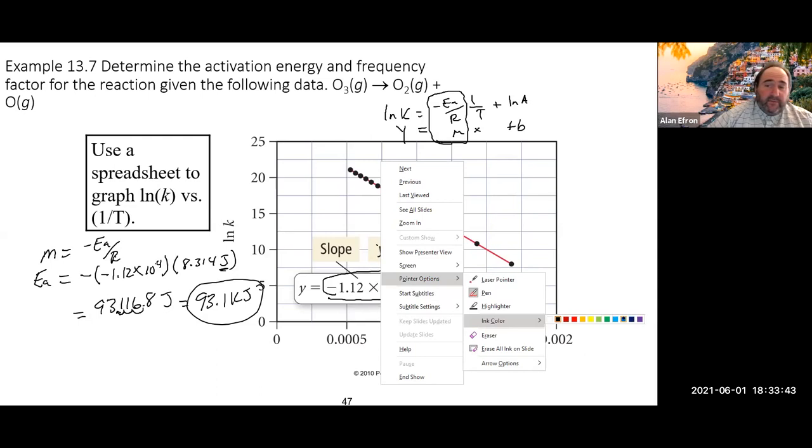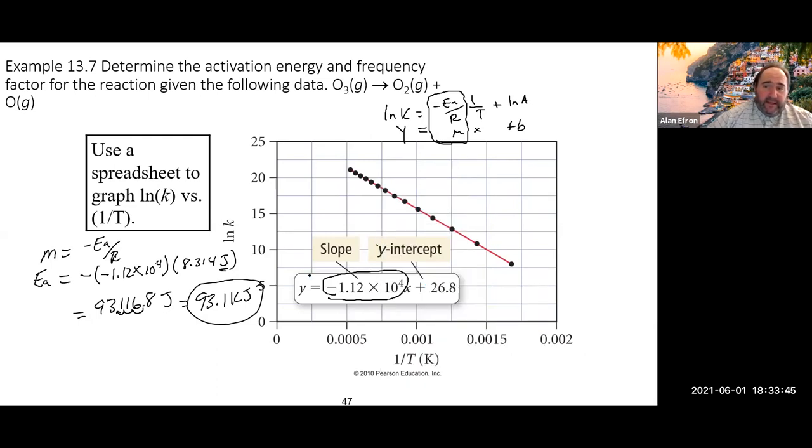In addition, we can figure out the frequency factor, which is this part of it. That means B is equal to the natural log of A. B would be our y-intercept here, which is 26.8. So that would give us 26.8 is equal to the natural log of A. To get rid of that, we're going to e both sides.